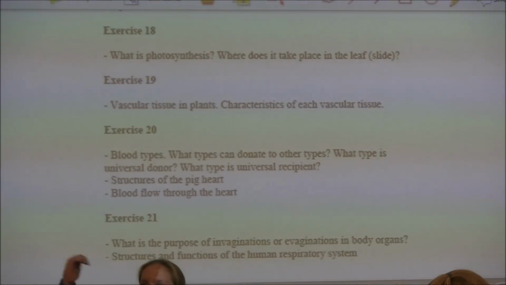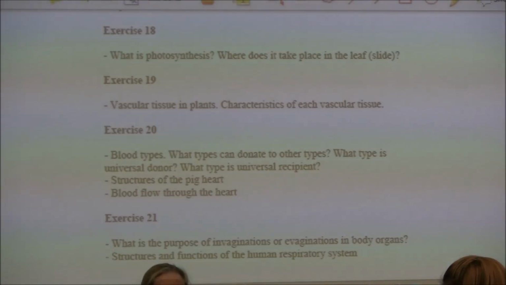So if the arrow's pointing to the mesophyll, and the question asks you, what processes take place in this tissue, what would you tell me? Photosynthesis and, I can't hear you. Aerobic cellular respiration.